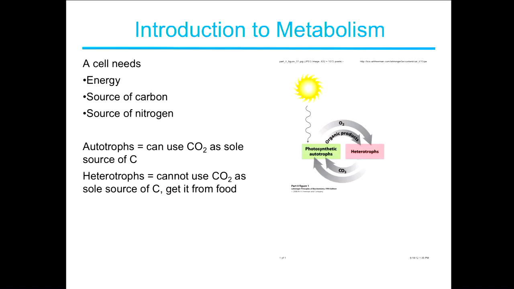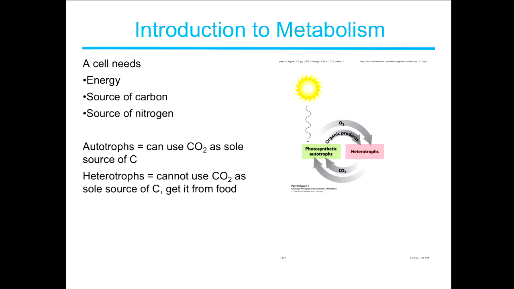So we need a source of carbon. And a lot of those other compounds, your amino acids, your nucleotides, also have nitrogen, so we also need a source of nitrogen. I won't go into that as much, but you can think about it as, hey, we need carbon, we need to get it from somewhere, and it needs to be built up or broken down into other things.